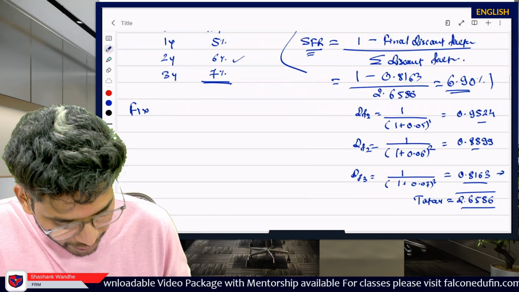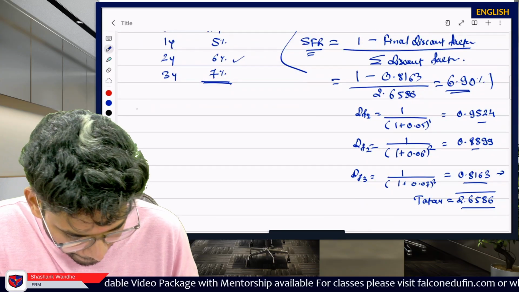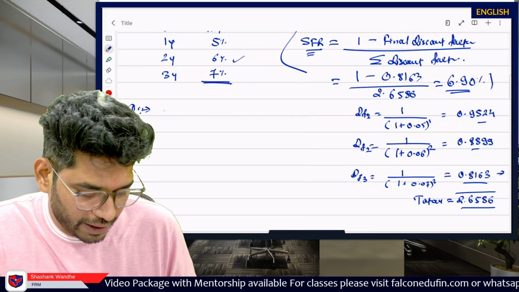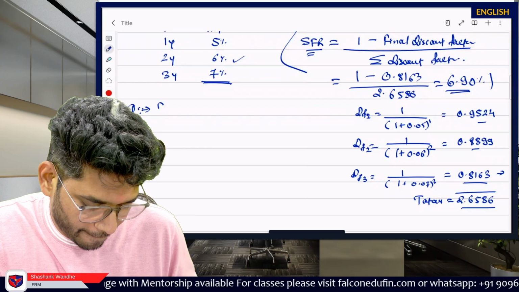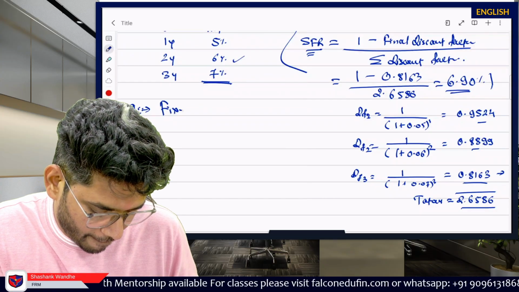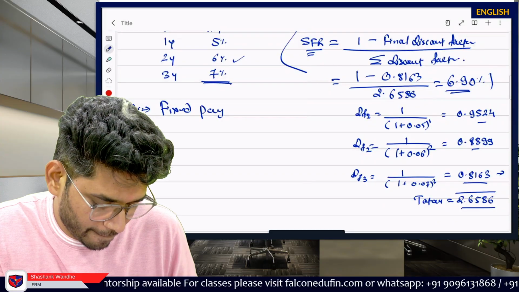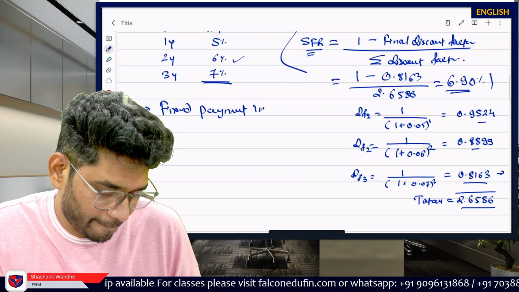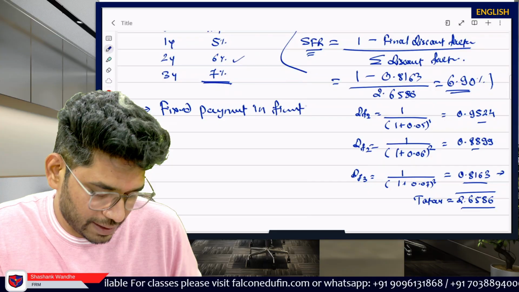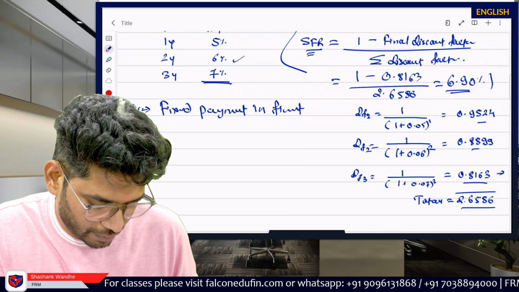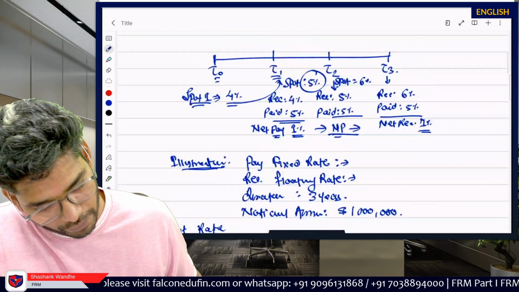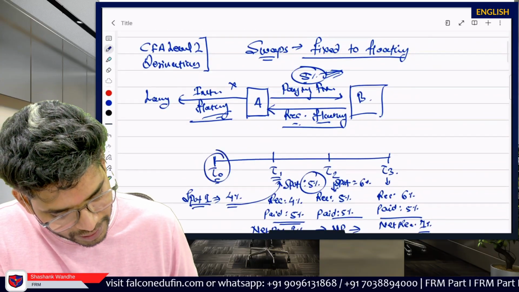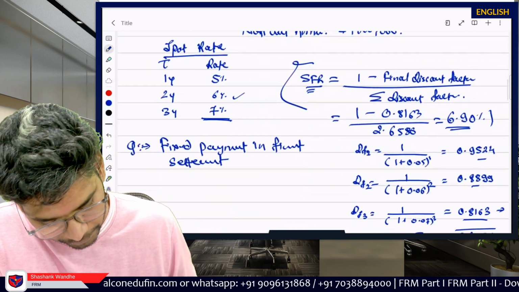Next question here is, what will be the first fixed payment? First settlement. Remember, where is our timeline? This T0 settlement will be done at T1.